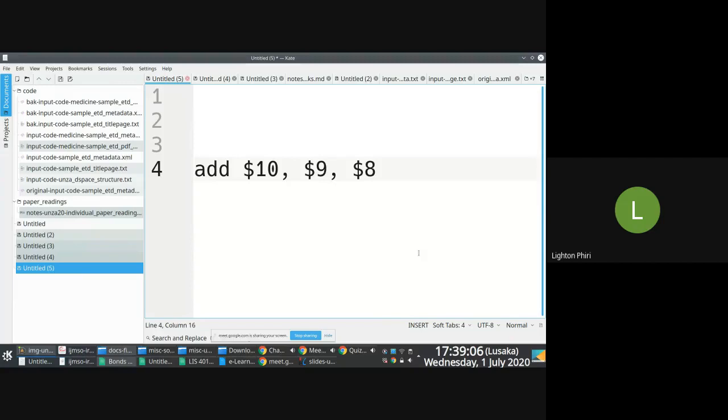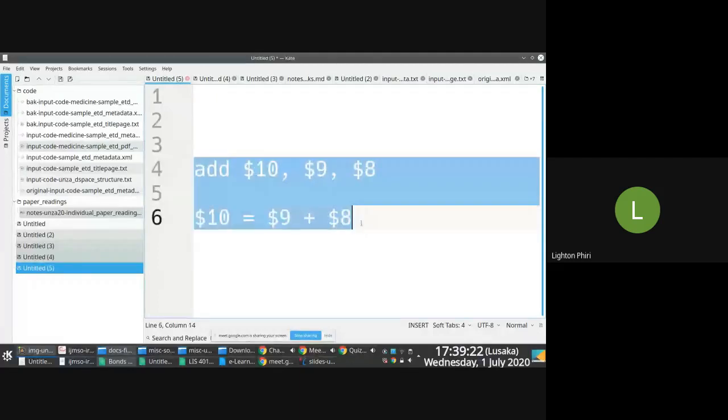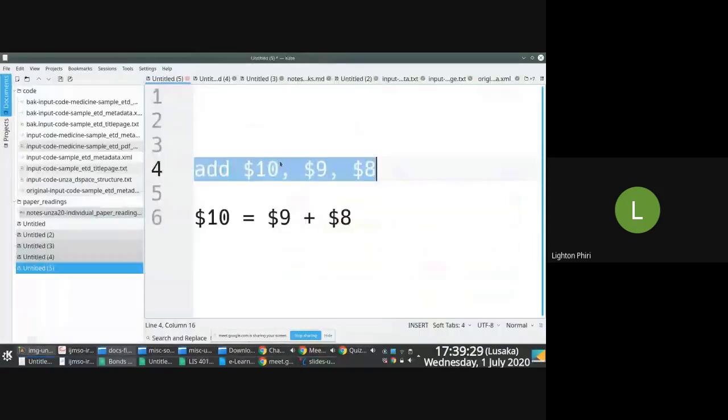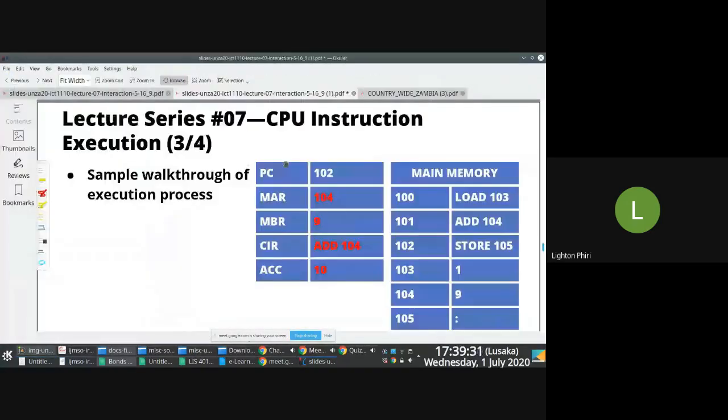It's like you're adding what is in register number 9 and what is in register number 8 and putting the result into register 10. But because this is somewhat confusing, in this part of the lecture series we abstract the gory details to simplify things.